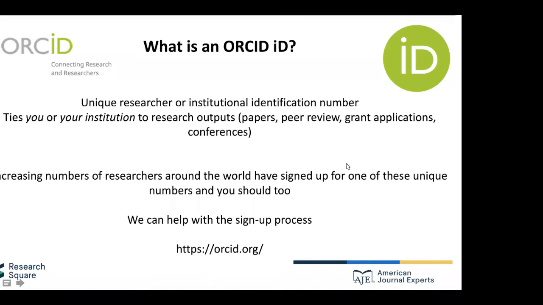When you put that information in, if your institution has an identification number, it ties you to your research output, so to your papers, peer review that you do, grant applications and conferences, and so on. It's very well worth doing because, of course, it's free of charge, and it's a great way to build your CV without doing much work, because the system will collate all of your outputs together in a single place.